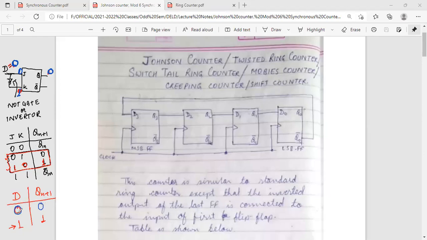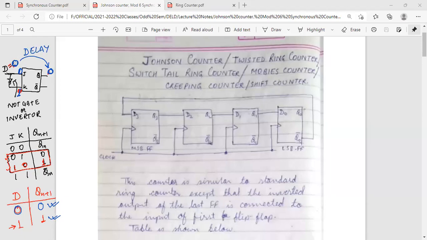So what you can see here is that whatever input we apply in a D flip-flop, we get the same output as the next state. So we can assume it as a delay in the output.